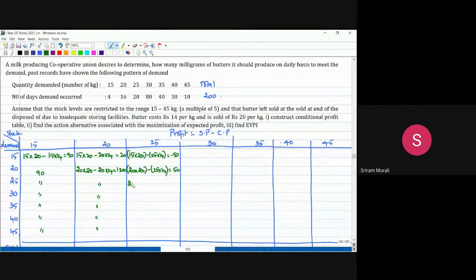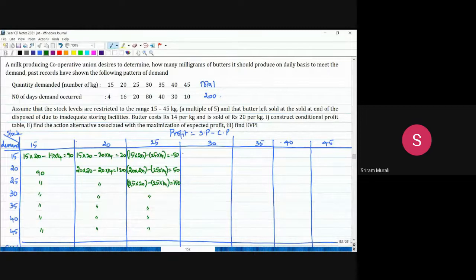This is 25 into 20 minus 25 into 14. That is equal to 150. And then onwards 150 will be the same.